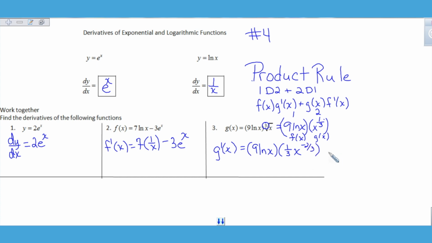So 1 d2 plus 2, write the second function down, that's all you do. And then d1 is going to be a constant times the derivative of natural log, which is 1 over x. And again, guys, we're going to probably do a better job of cleaning this up later, but for now, we're just trying to learn some rules and get our feet wet, so we're good for now.